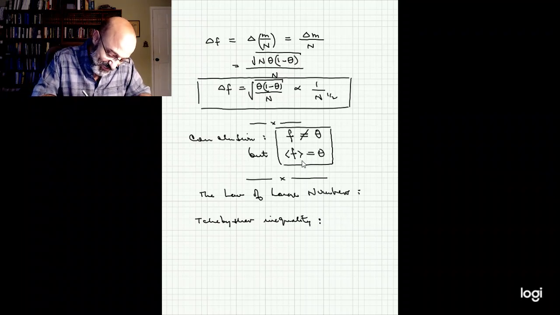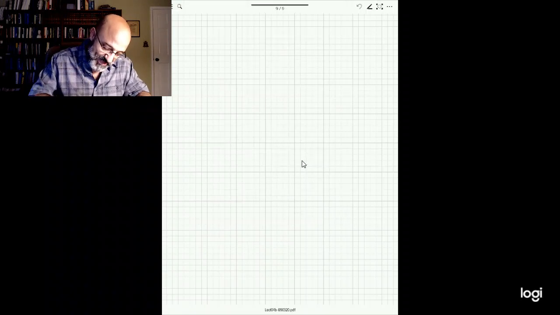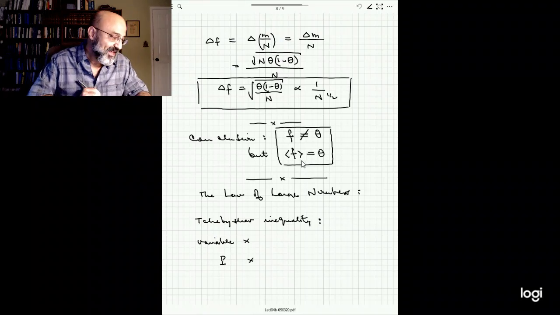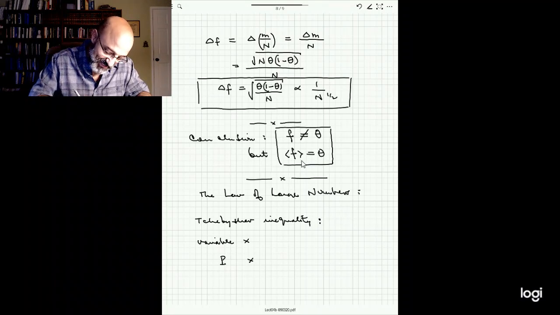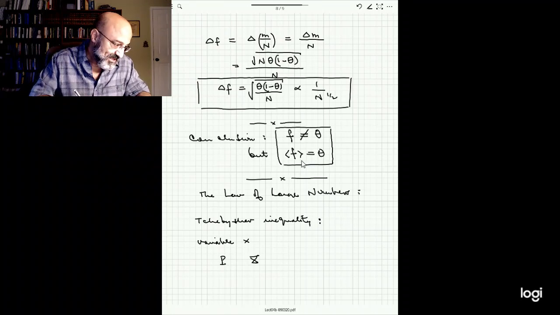Suppose that you have a variable x, and the probability of the capital X being contained between x and x plus dx, let me write it like this, we're going to call this rho(x) dx.